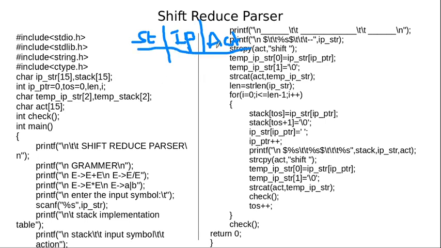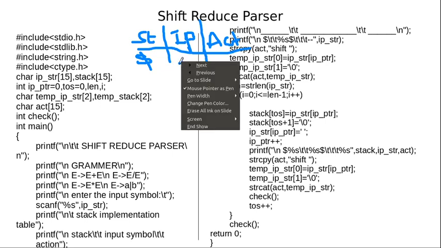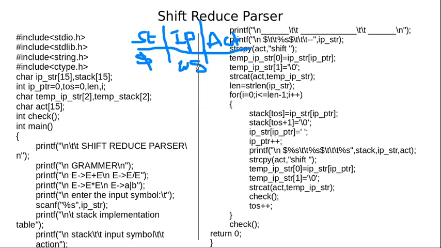The stack initially begins with the dollar symbol, and the input string begins with the string or word appended with the dollar. Initially there is an action, but the first action is always shift.